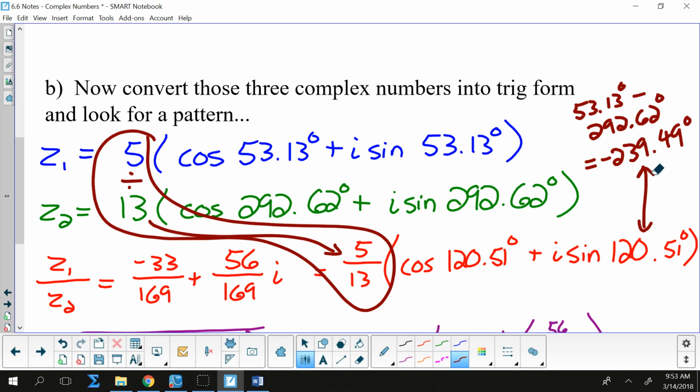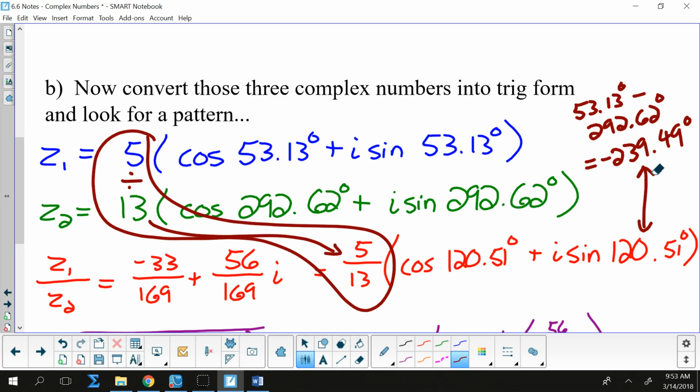At the top of your next page in the packet is a big box that has those two formulas in it. So when you're multiplying two trig-formed complex numbers, we take the r's and we multiply them. We take the thetas and we add them.